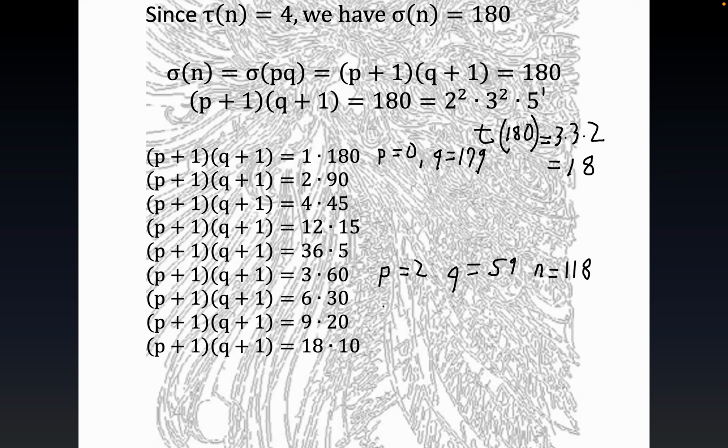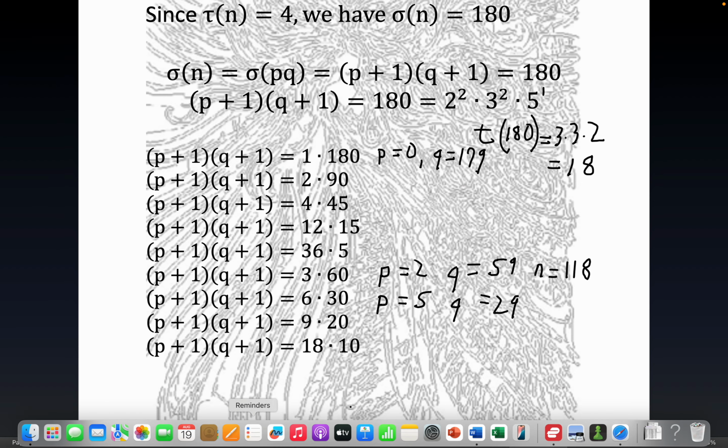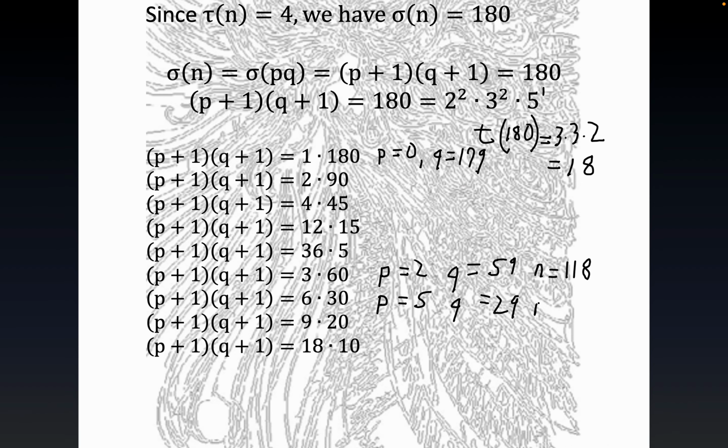Now right here, you would get p is equal to 5, which is prime, and q equals 29. And of course, this would induce the semi-prime 5 times 29, which is n equals 145. And those are the only two I got.